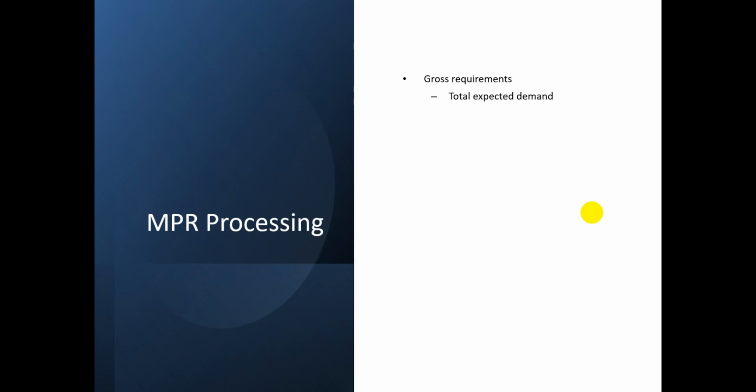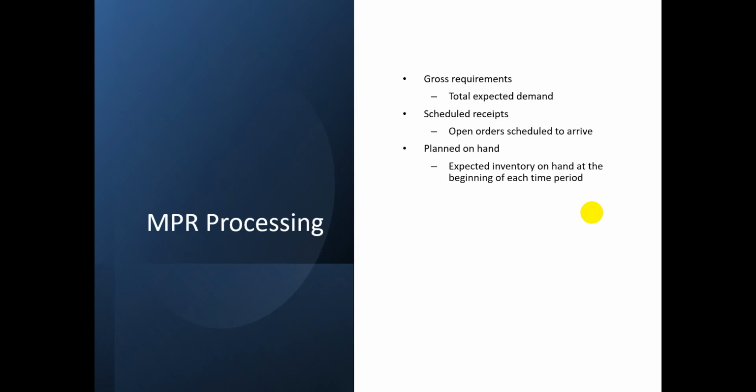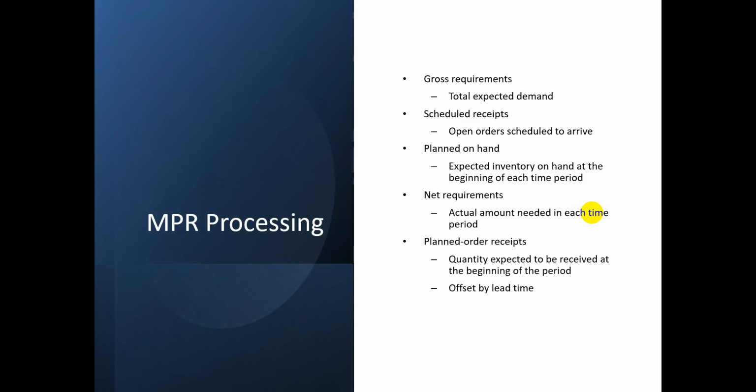Then MRP processing. The gross requirements are the total expected demand, scheduled receipts like open orders scheduled to arrive, planned on hand like expected inventory on hand at the beginning of each time period, the net requirements like the actual amount needed in each time period, planned order receipts, like quantity expected to be received at the beginning of the period offset by lead time.